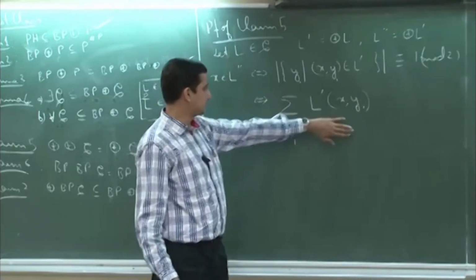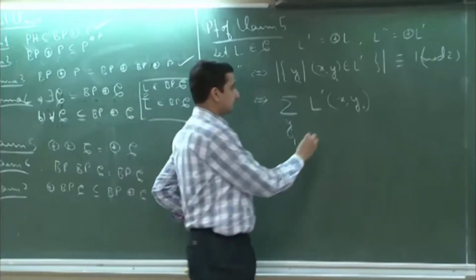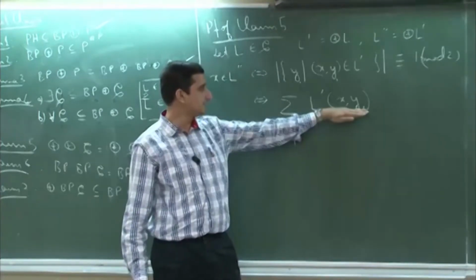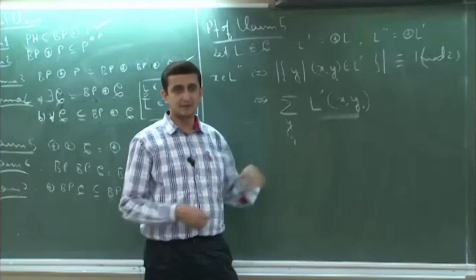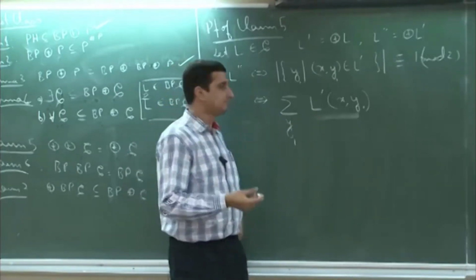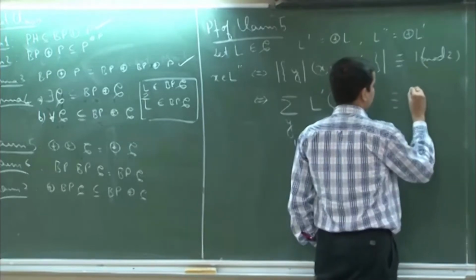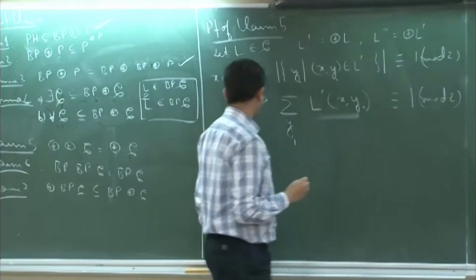Let me say what this means. This predicate evaluates to 1 if the argument belongs to the language, and otherwise it evaluates to 0. So this should be odd.